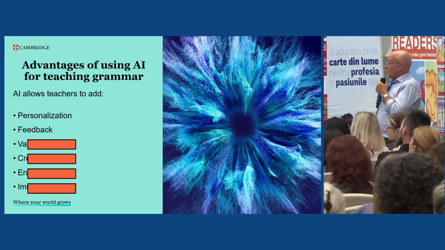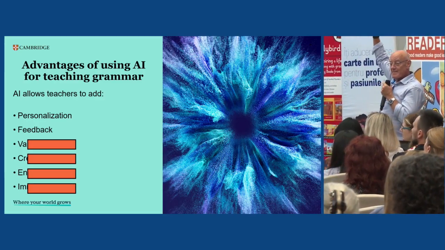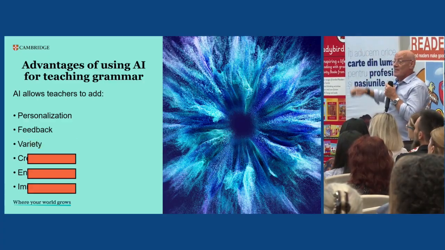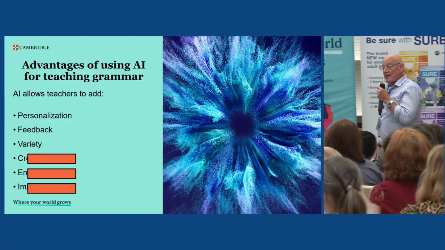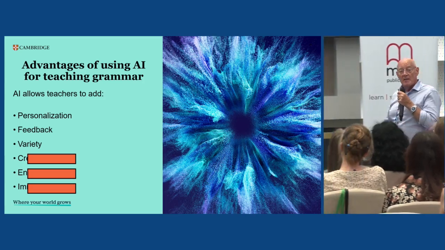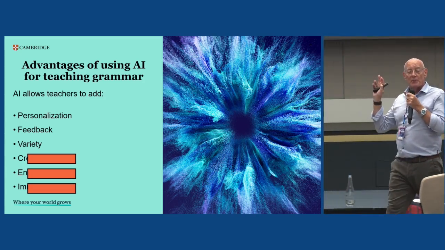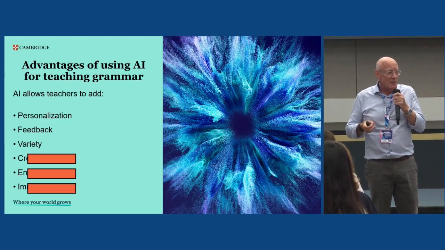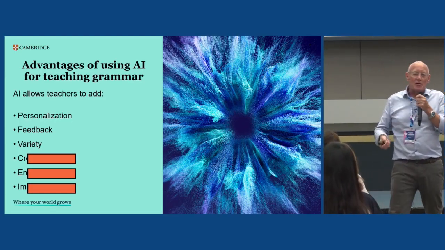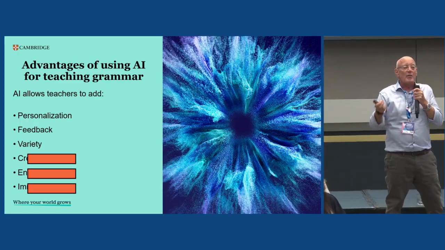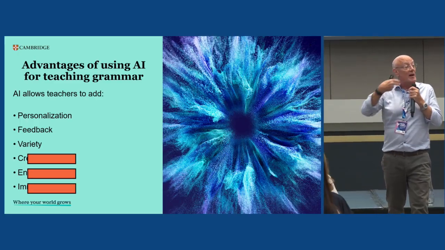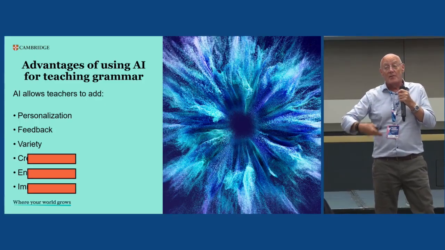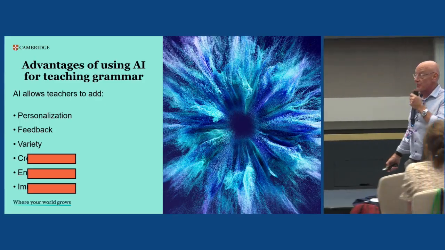So it's brilliant for personalized feedback, which students can understand. AI allows teachers to add variety. Nobody is going to stand here and say, that's it, no more course books, AI is the way to go. No. Do you use video in every classroom? Do you use audio in every classroom? Do you use the whiteboard? No. We have a variety of different things, and I think the more variety we can build into our lessons, the more engaged and motivated our students are going to be.